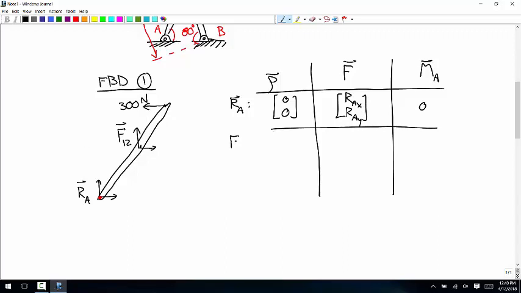Then the force F12. This angle is 80 degrees. And the distance is 0.5 because the whole beam has a length of 1. So this is 0.5 times cosine and sine of 80 degrees, which is 0.087 and 0.492.